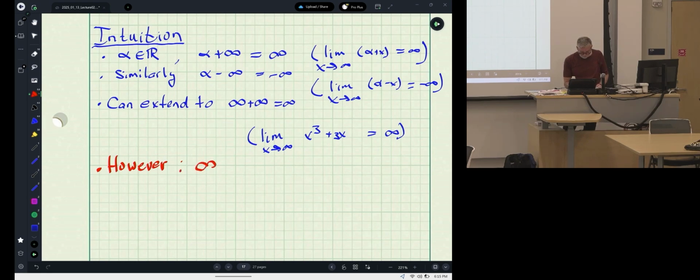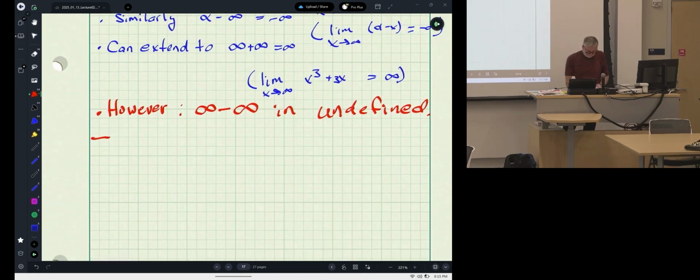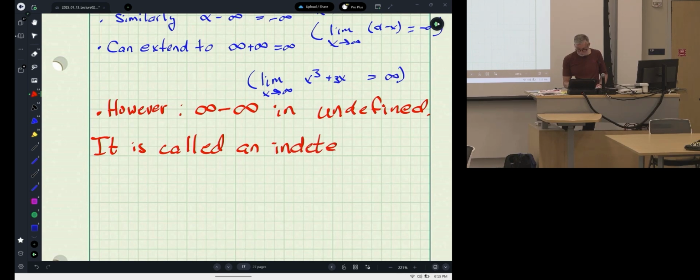However, infinity minus infinity is undefined. It is called an indeterminate form. That's a big word.